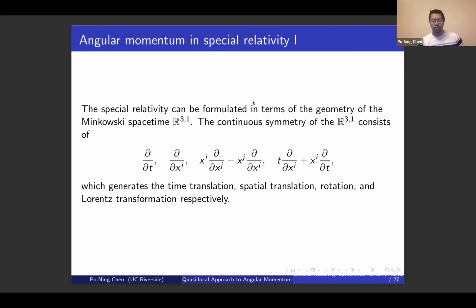Now, how do angular momentum and other conserved quantities work in special relativity? Again, from Noether's principle, each continuous symmetry corresponds to a conserved quantity. Energy corresponds to time translation. Spatial translation gives you the momentum. Rotation and boost give you the angular momentum and center of mass integral.